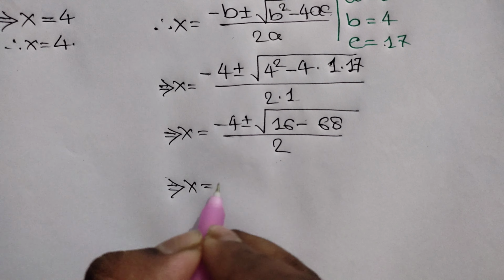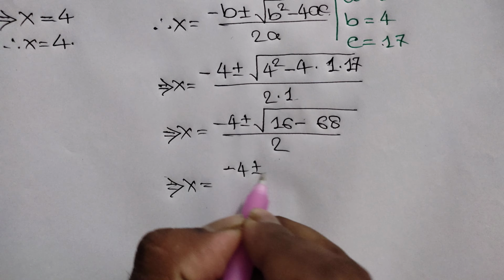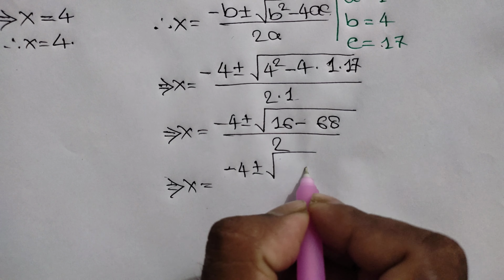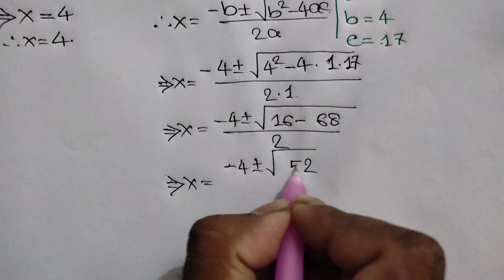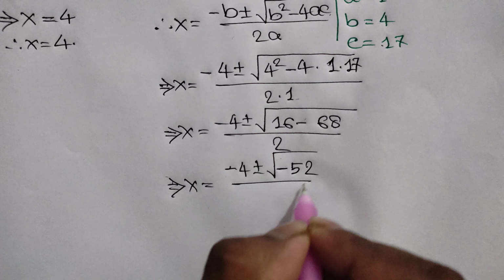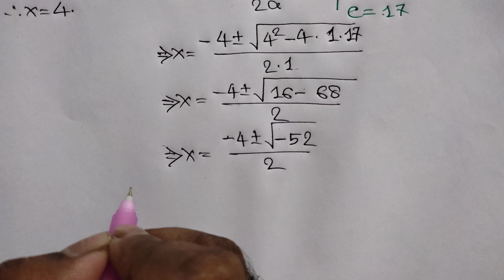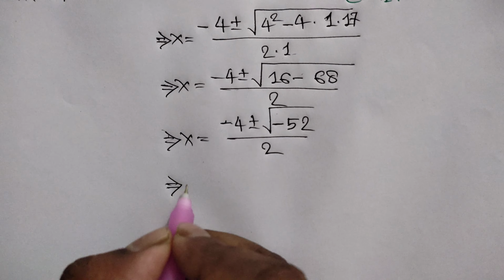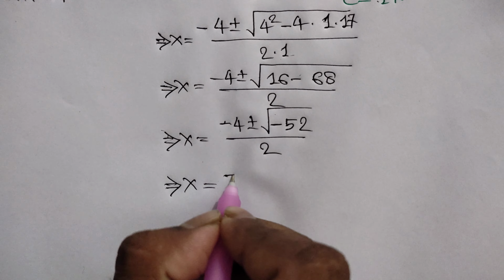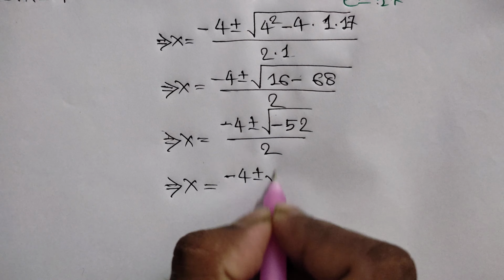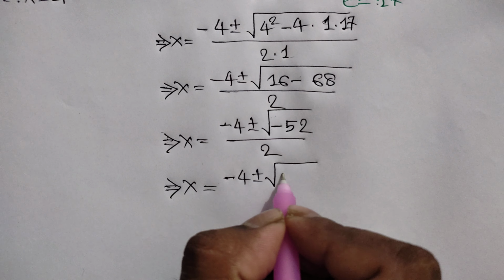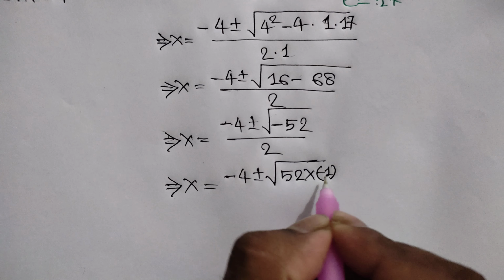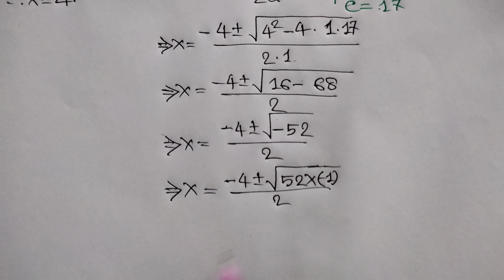Or x is equal to minus 4 plus or minus the square root of 16 minus 68, which is negative 52, over 2, or x is equal to minus 4 plus or minus the square root of negative 52, which can be written as 52 times negative 1, over 2.